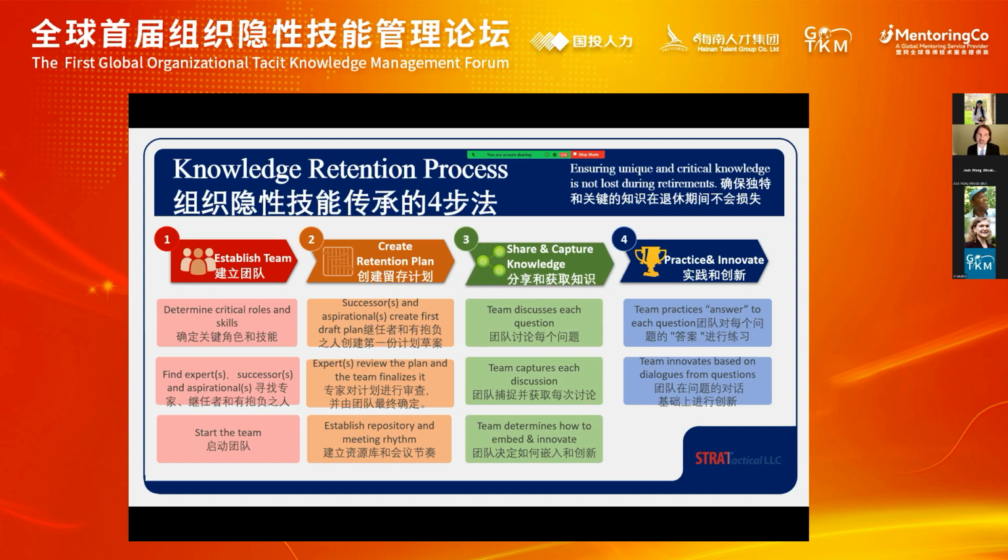So notice step number 1 says, establish a team. Again, each word is very important. It's a team, not a group. There are many knowledge transfer processes where it's a group. People come and go, and the group of people changes each time you get together. There are pros and cons.